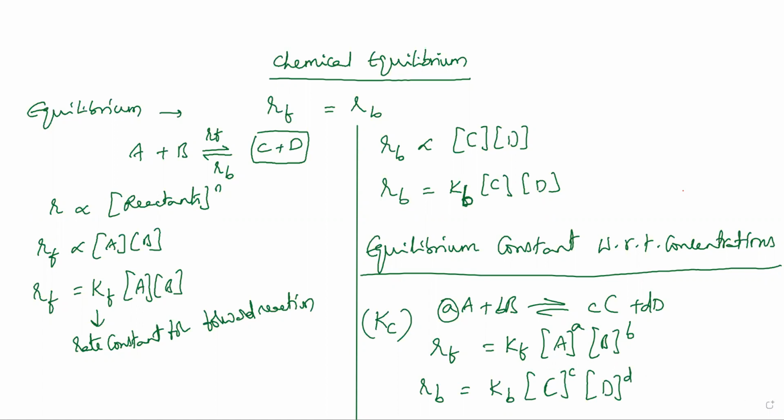Now, because this is a reversible reaction, at equilibrium rate of forward reaction is equal to rate of backward reaction. Okay. Now, what expression did we get for rate of forward reaction?